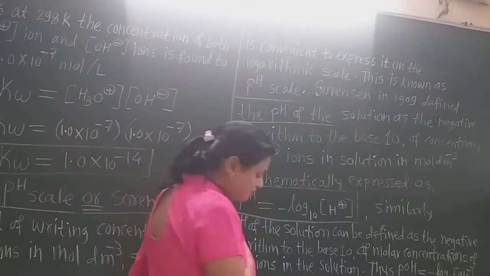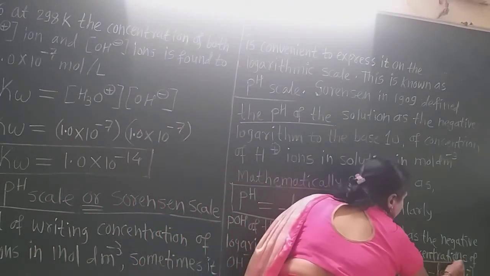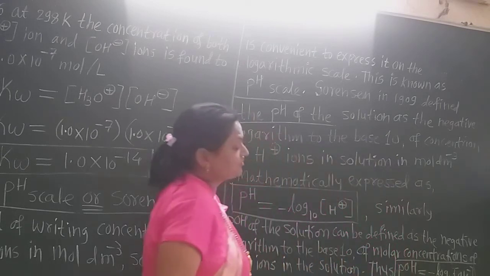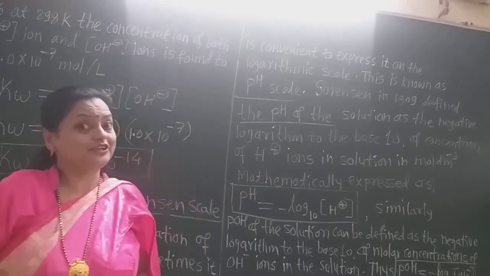And pOH is equal to minus log to the base 10 of OH minus ion concentration.